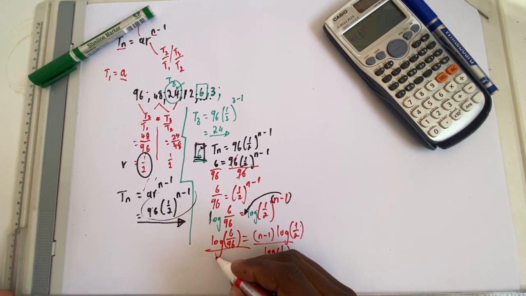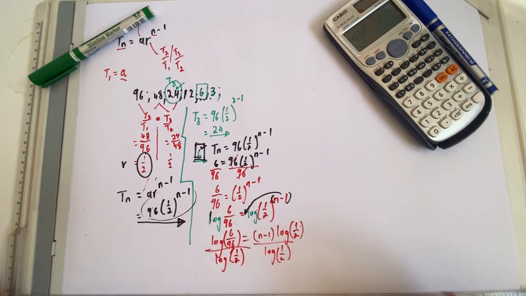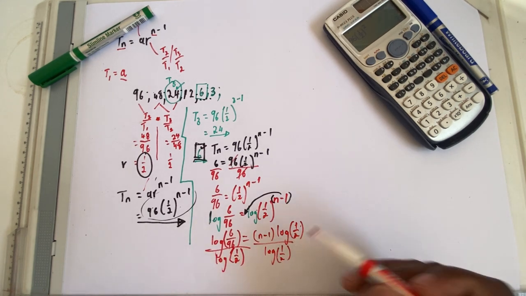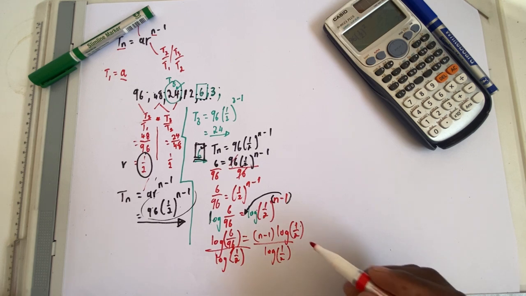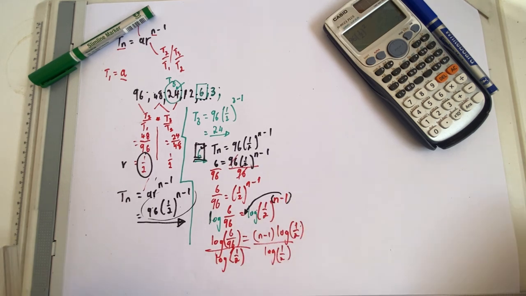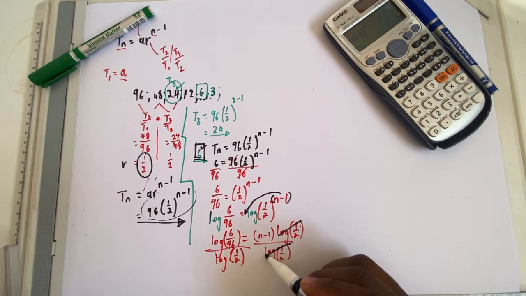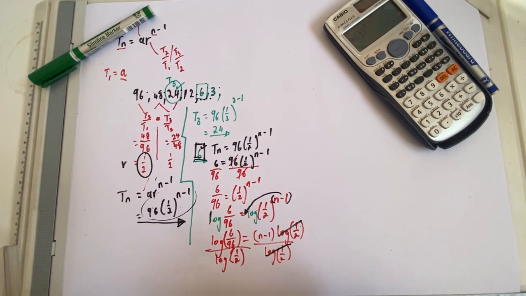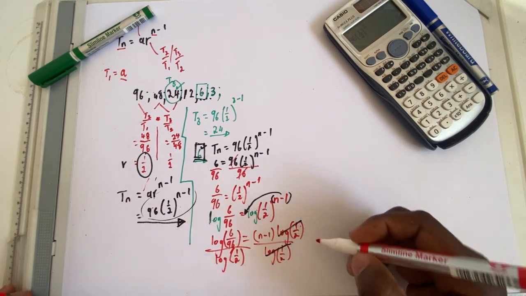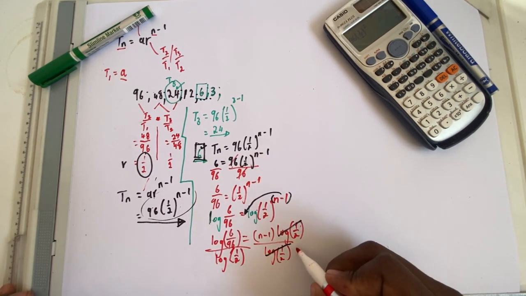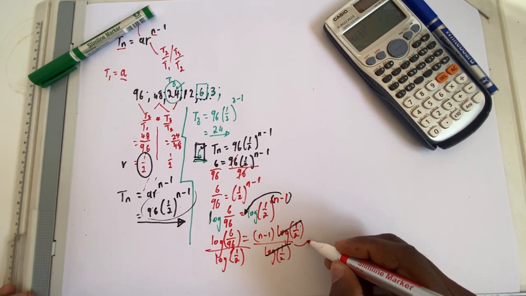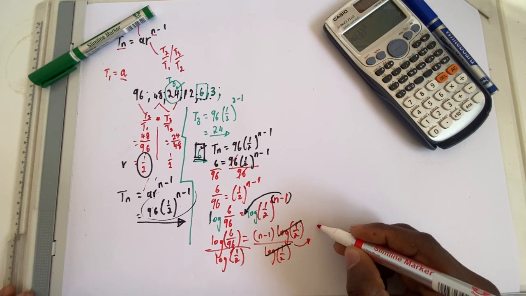So what you do on the left, you also do on the right. Log of half. So therefore, what do I get? Excuse the noise. What do I get? Now, this log half will cancel this one here. So I'm going to be left with, what?